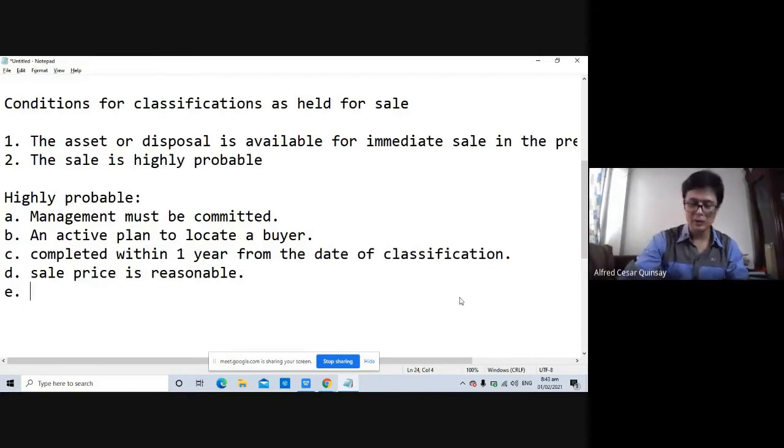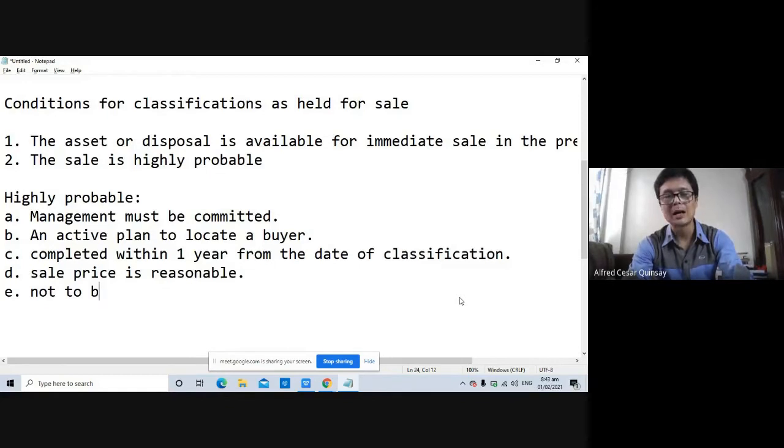Okay, so letter E, the actions required to complete the plan indicate that it is unlikely the plan will be significantly changed, or kumbaga hindi sila uurong, no? Okay? Not to back down from the plan.